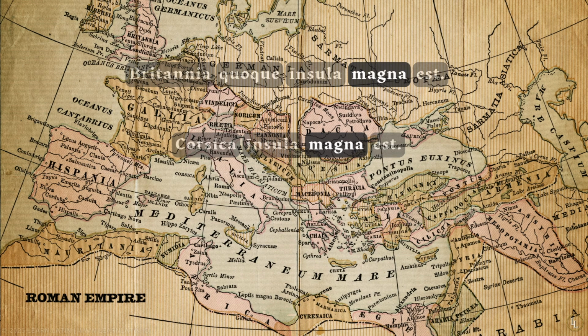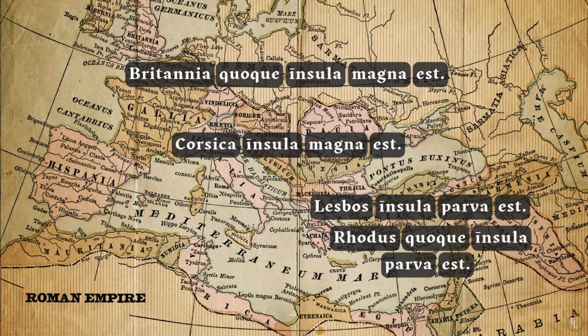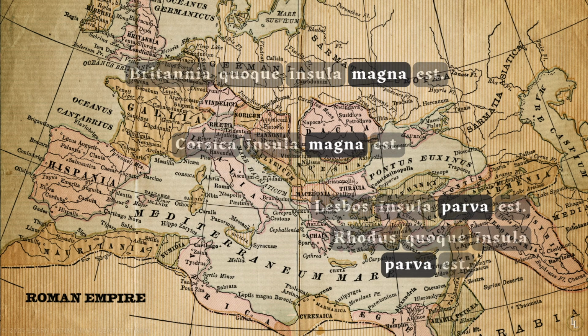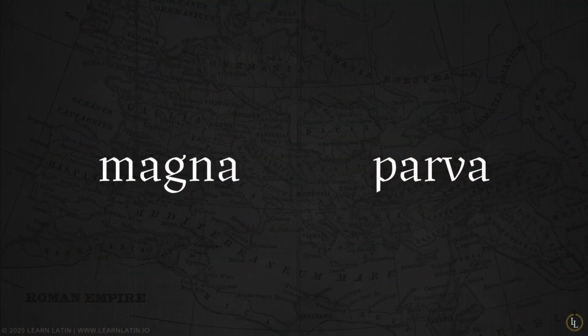Sometimes it's easier to understand a word by contrast, using its opposite. Lesbos insula parva est. Rhodos quoque insula parva est. How about now? Is it easier to understand what magna and parva mean? Magna and parva are adjectives, words added to nouns to describe or qualify them.